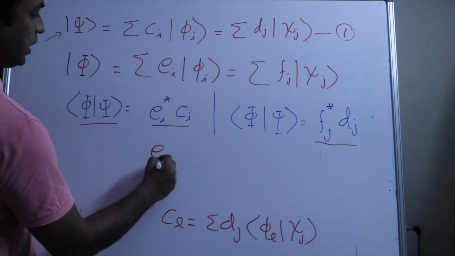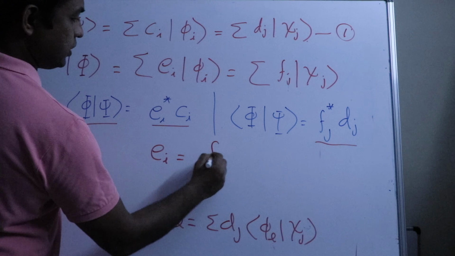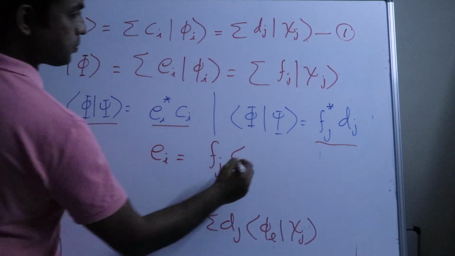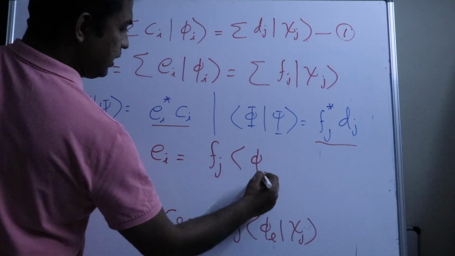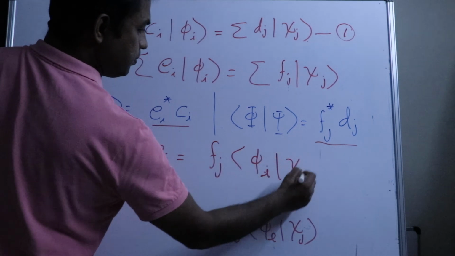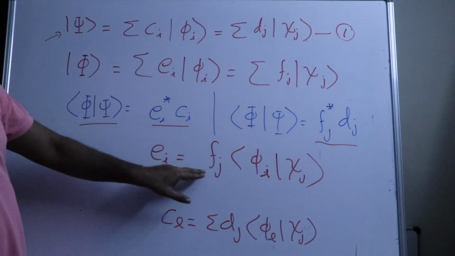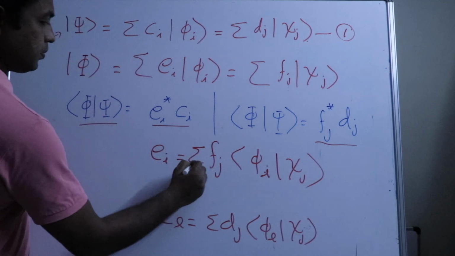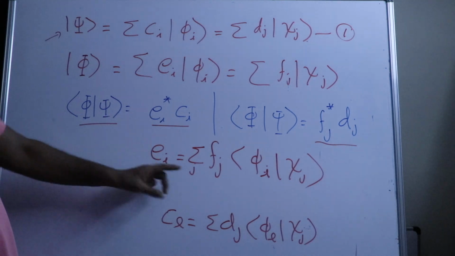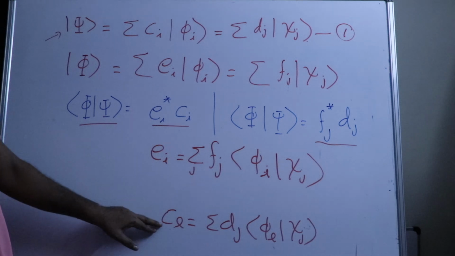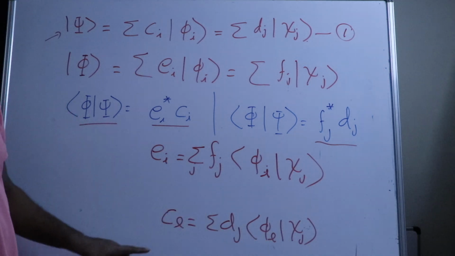Ei is nothing but summation Fj bra phi i chi j, so there is a summation over j. Now in this equation you can substitute. Ei star will be the conjugate of this, and Ci will be equal to this, where you just replace l with i.